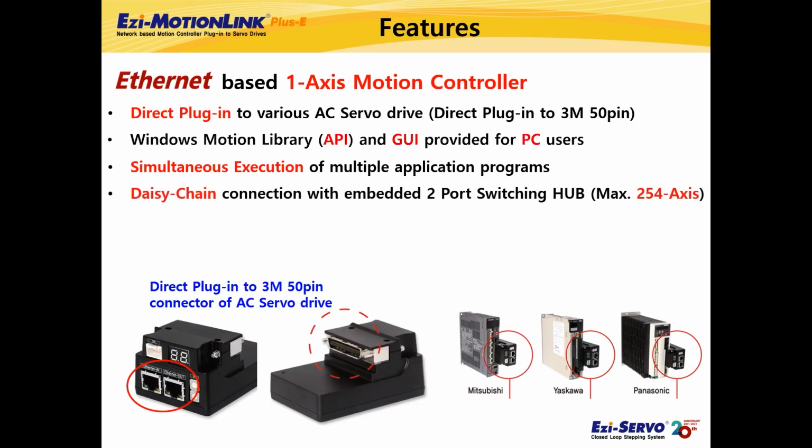Also, built-in 2-port switching hub allows up to 254 axes to be connected. Compared to the RS-485 communication type product, Ezi-MOTIONLINK Plus-R, which was limited to 16 axes even at maximum, Ezi-MOTIONLINK Plus-E has 10 times faster communication response time, so you can see that the number of connectable axes has increased.